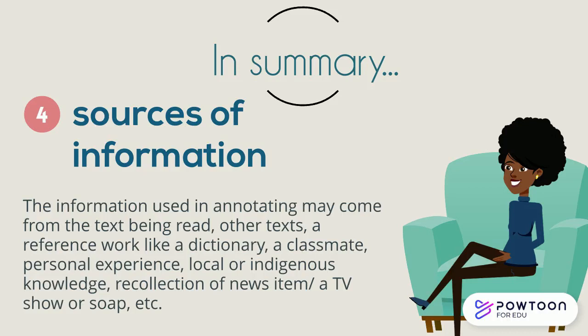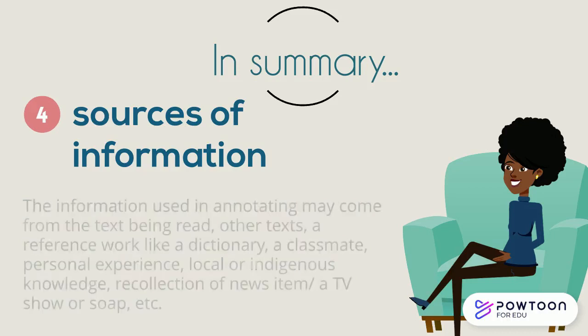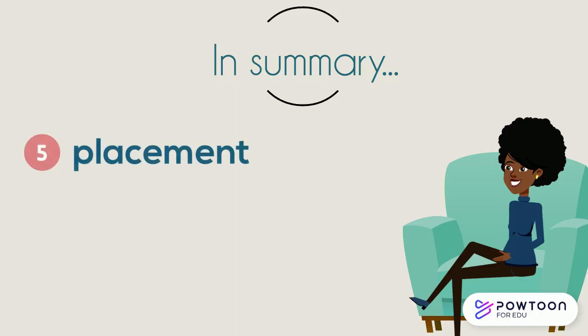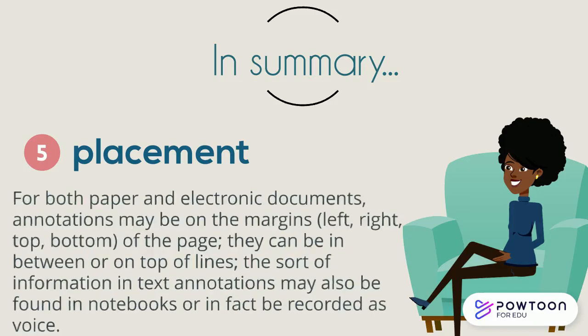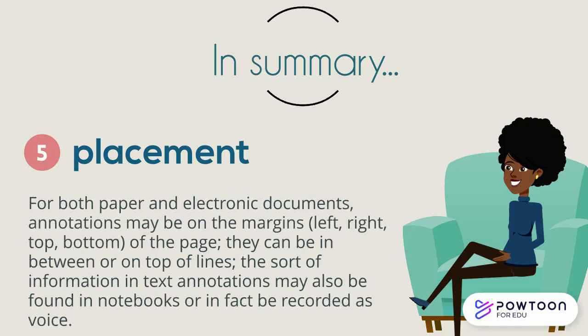It could come from a TV show that we have watched. It could come from a conference or a workshop we have attended, etc. There are many places on the page where annotations may be placed. The annotations may also be a link to an external audio or video file.